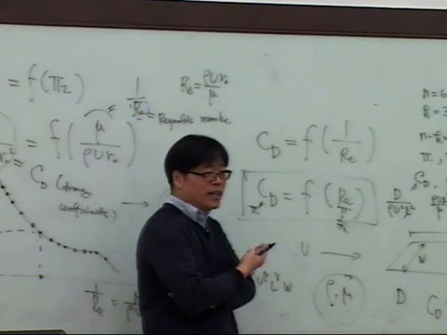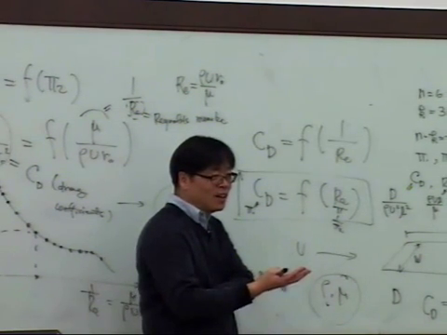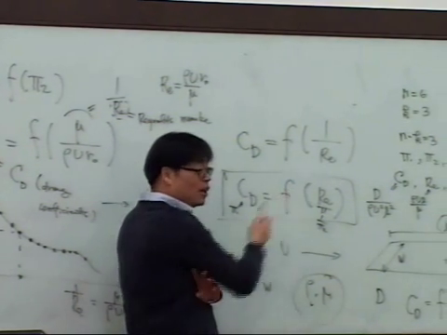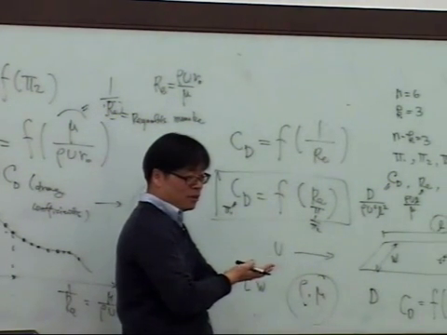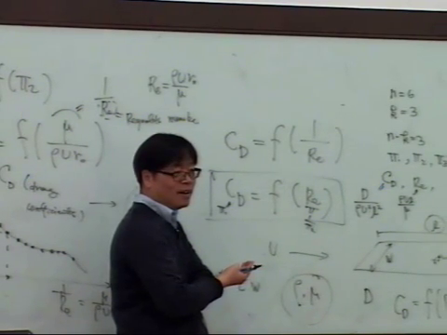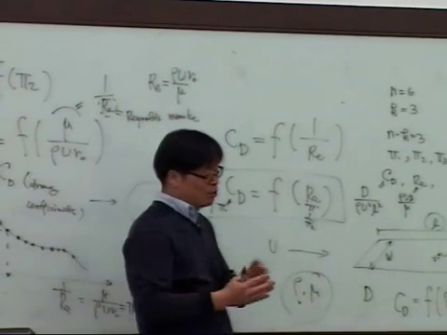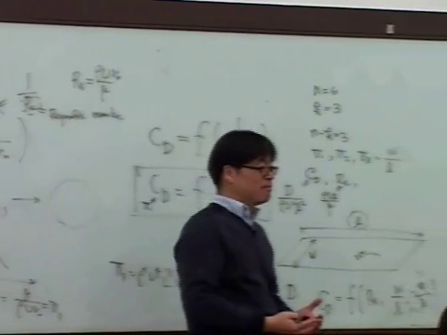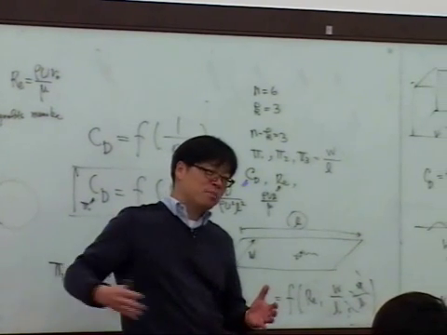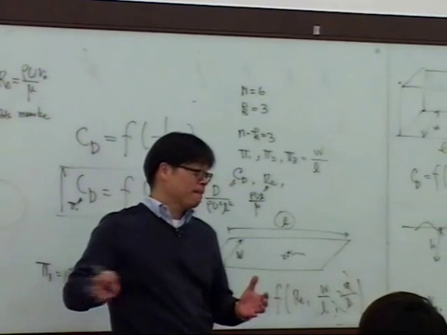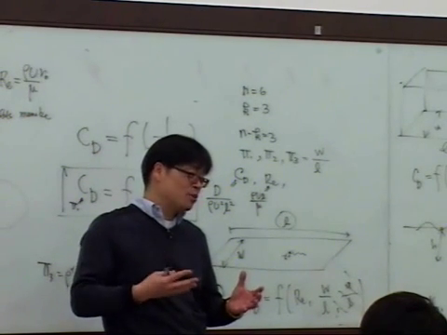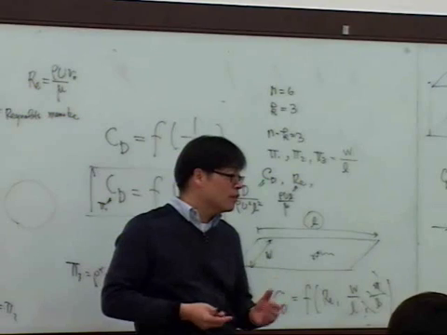Okay. Then how do you get this relationship numerically? Experimentally, you just choose one sphere, one fluid. All you have to do is just change the speed of fluid, right, uniform stream, and then you just compute Reynolds number and so on.